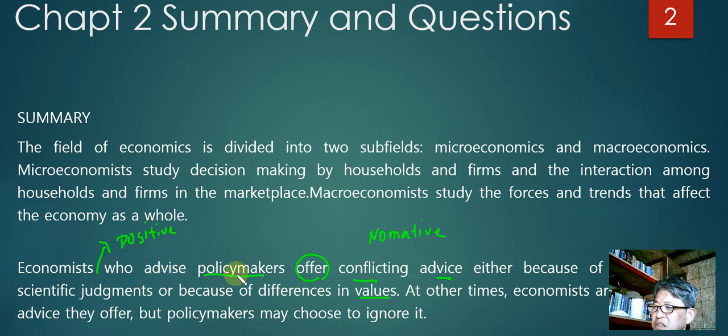Economists who advise policymakers, like a congressman or a government office, whoever, offer conflicting advice. The reason is that they have different scientific judgment and different values.